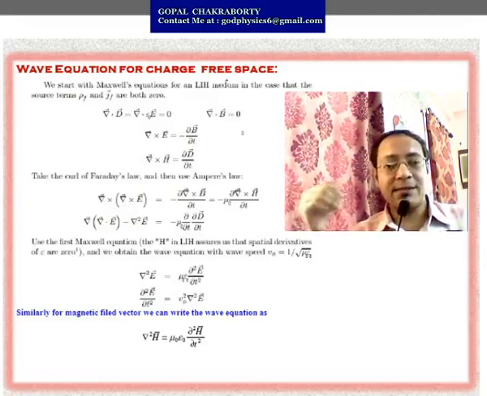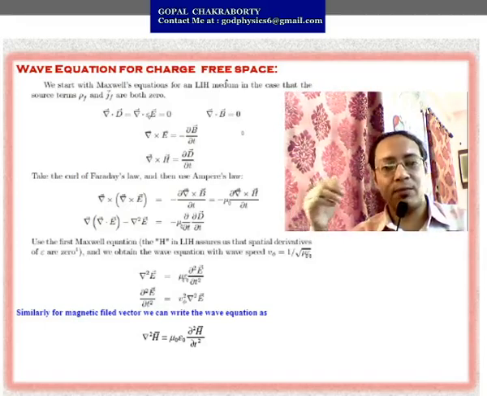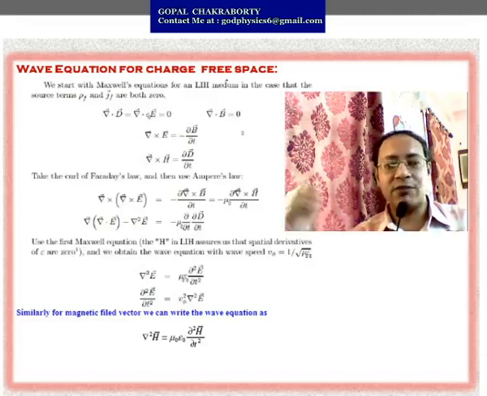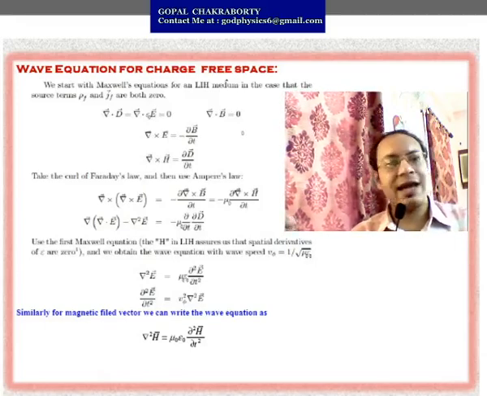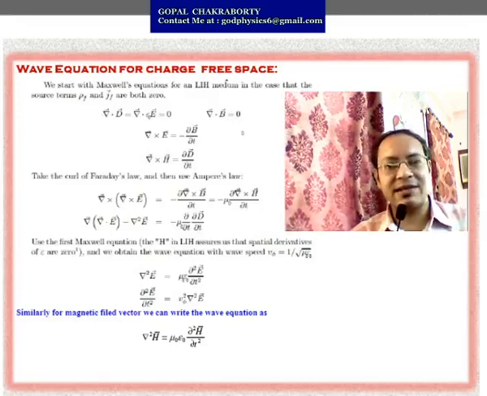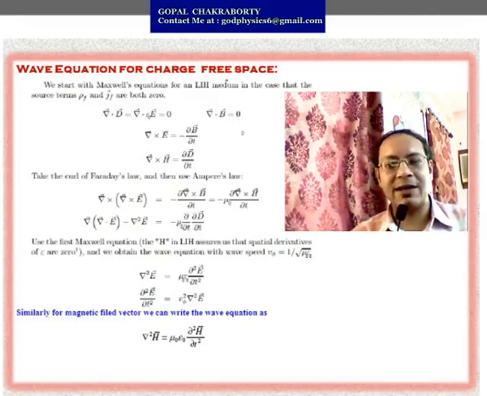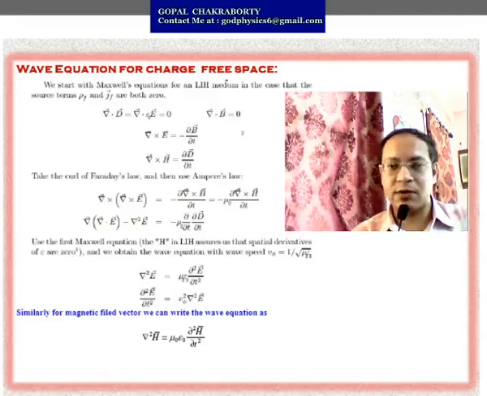The basic procedure is that the wave equations for electric field and magnetic field are almost the same, so you don't need to derive both. You can derive one first, either for electric field or for magnetic field, and similarly write the wave equation for the other one.